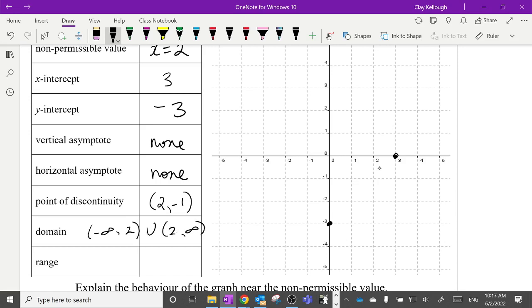And for range, well, y can be anything except this negative 1. So I can go from negative infinity to negative 1, and then from negative 1 up to infinity. So at negative 1 for y, and 2, so 2, negative 1. Okay, I've exaggerated a little, but there it is. There's the hole, the discontinuity. Otherwise, this just looks like a straight line.